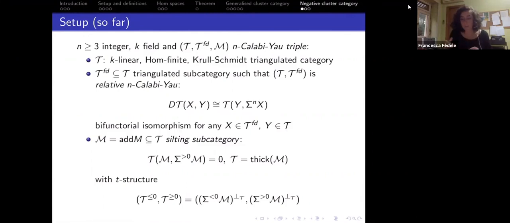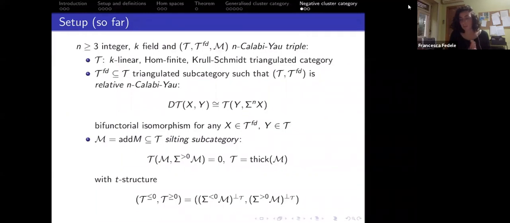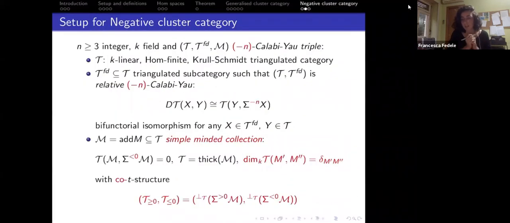So I recopied the slide of our initial setup here, because I wanted to point out what is different for the negative cluster category. If we start with this setup and modify it a bit, we get the setup we need for the negative cluster category.